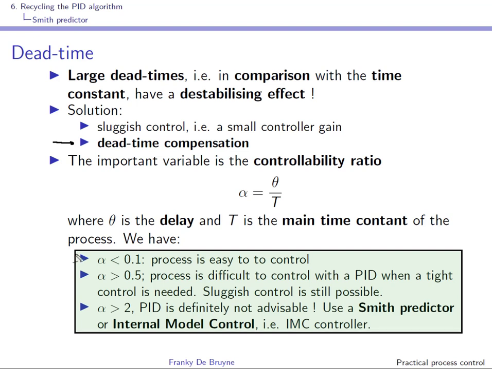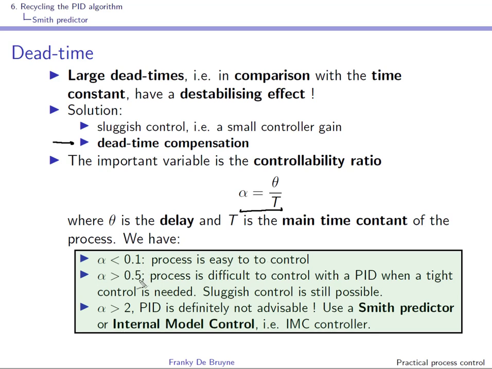The important variable is the so-called controllability ratio, alpha, and this is theta, the delay, over the main time constant. Well, in essence, when alpha is small, let us say smaller than 0.1, then the process is easy to control.